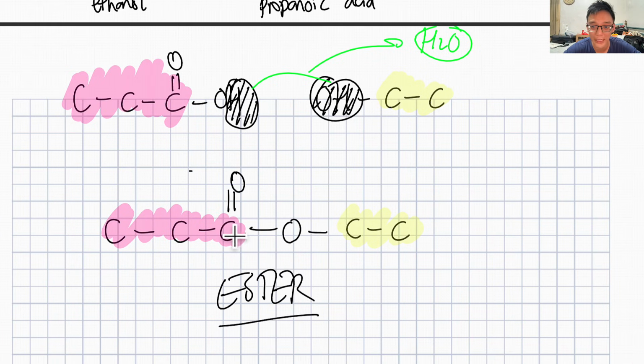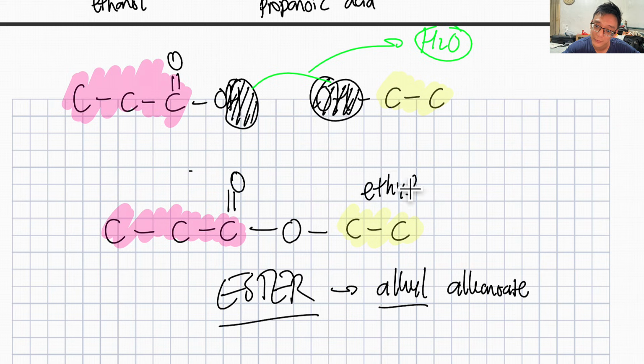A fusion between alcohol and carboxylic acid that forms such a compound. The formal name would be alkyl alkanoate. The part where you fuse your alcohol, we call it alkyl. Because it contains 2 carbon, we call it ethyl. Et meaning 2, yl meaning branch.